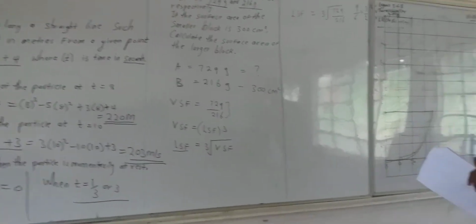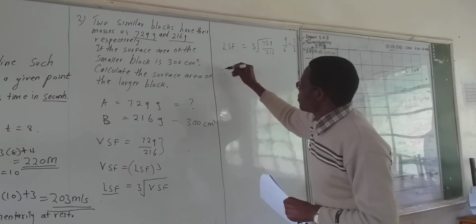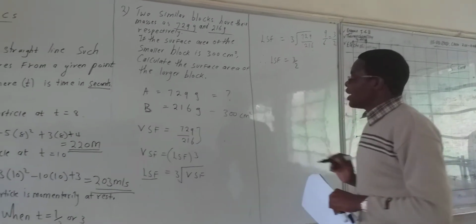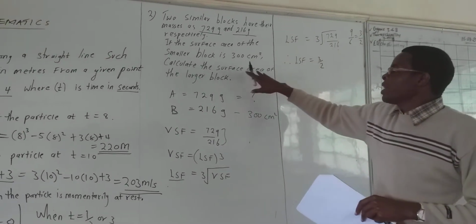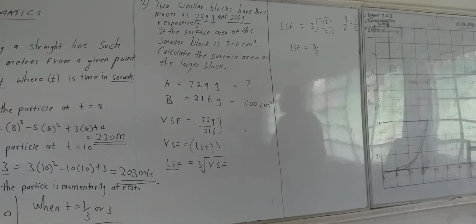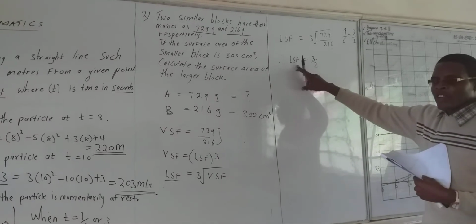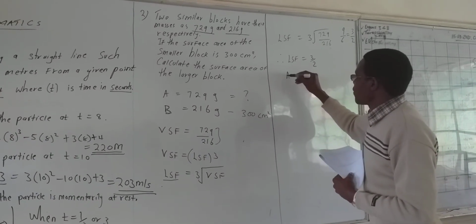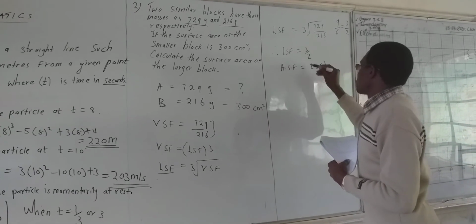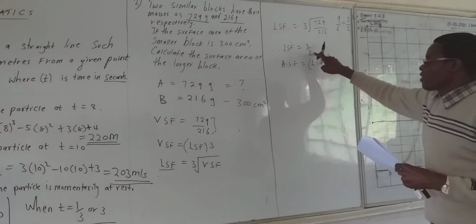Now, in this case, our linear scale factor is 3 over 2. We are talking about calculating the surface area, so we are talking about the area scale factor. Since we have the linear scale factor, area scale factor is the same as linear scale factor squared.